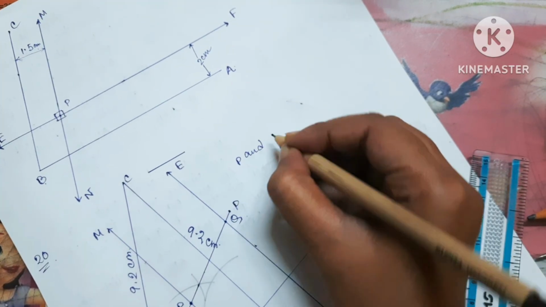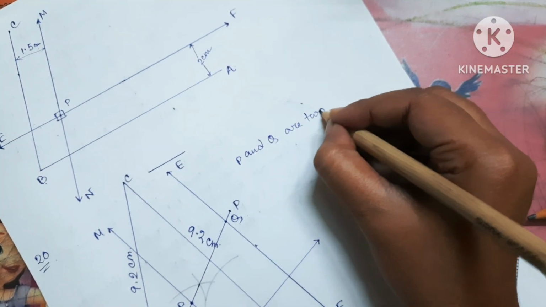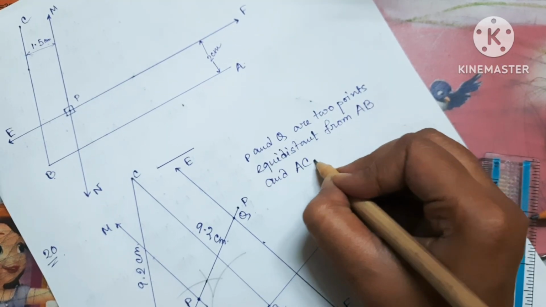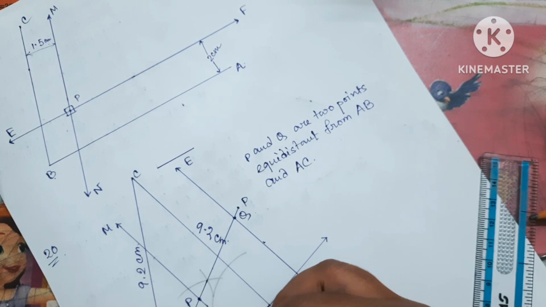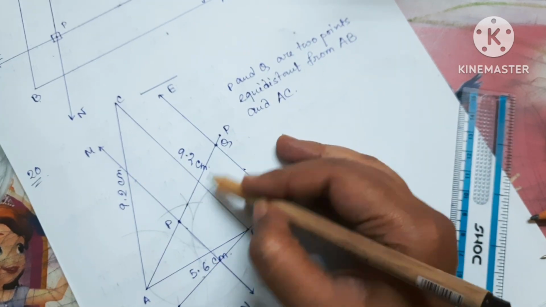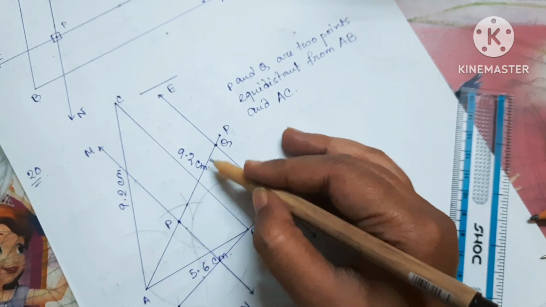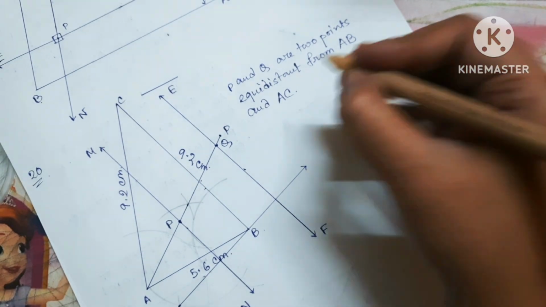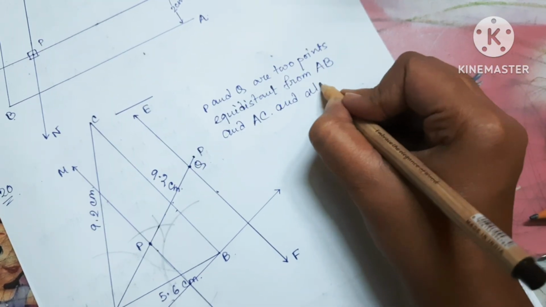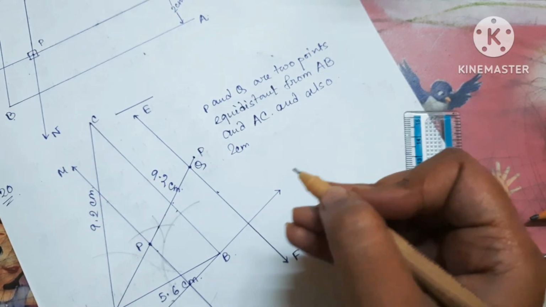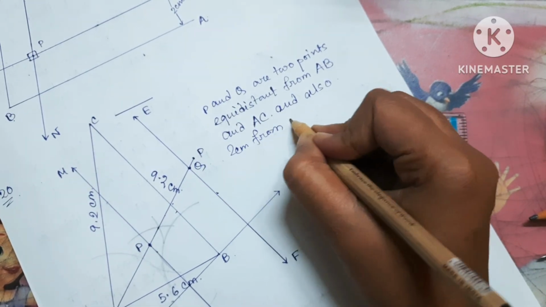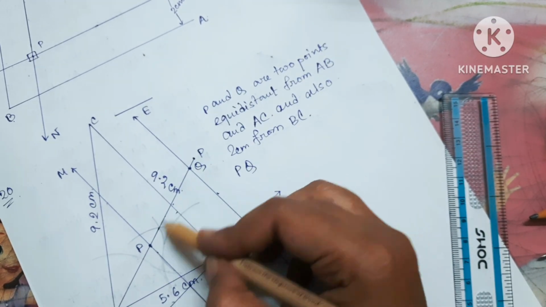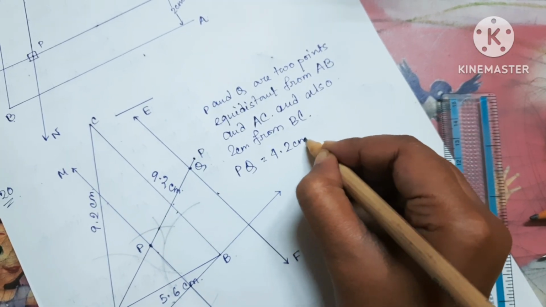P and Q are 2 points equidistant from AB and AC because these 2 points are on that bisector. And since they are at 2 centimeter distance from BC, so PQ is 4.2 centimeter.